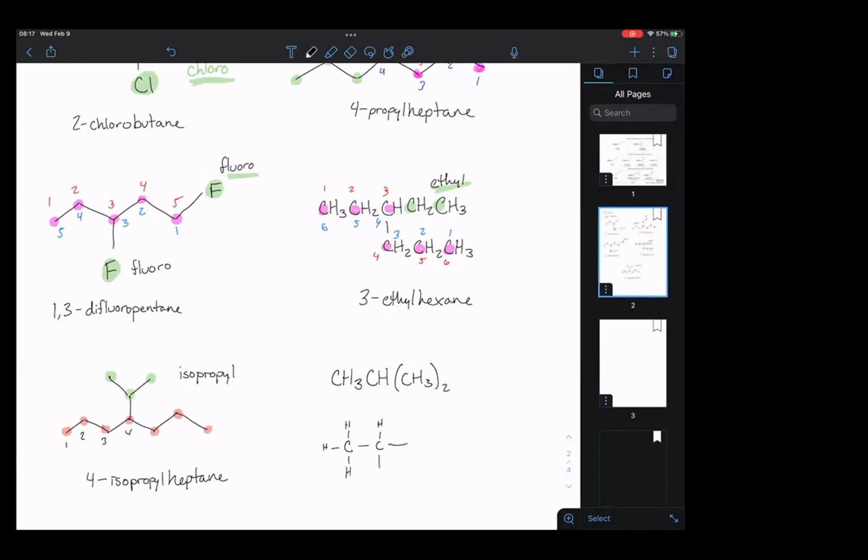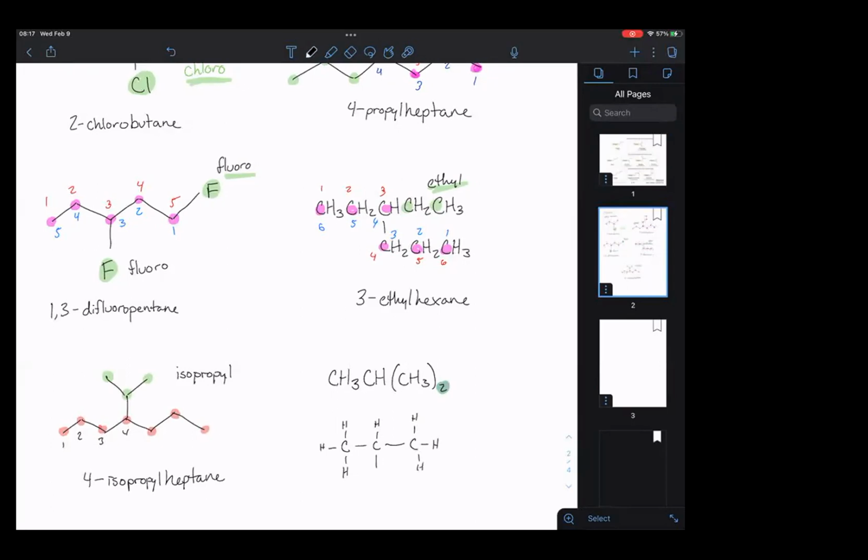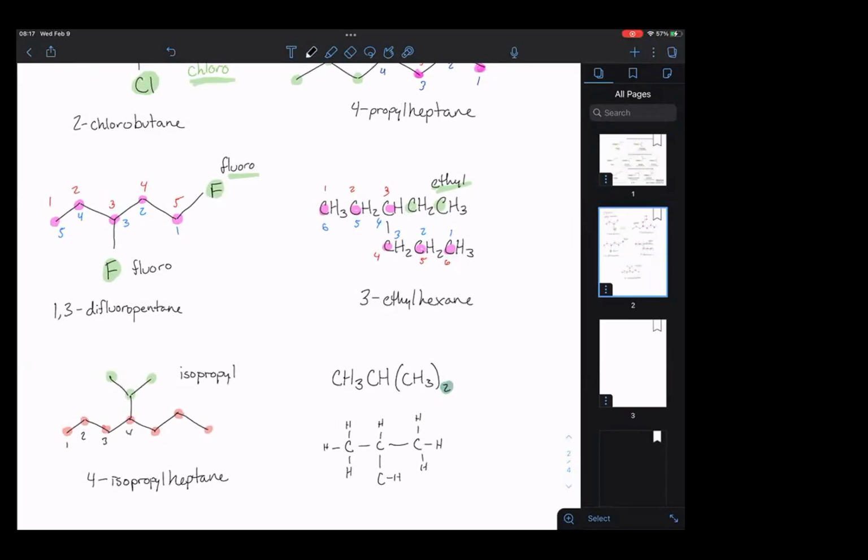What this is saying is those 2 bonds correspond to 2 different methyl groups. So there's a CH3 here and a CH3 here. Long story short, it's saying there are 2 of those particular groups bound to that previous carbon.